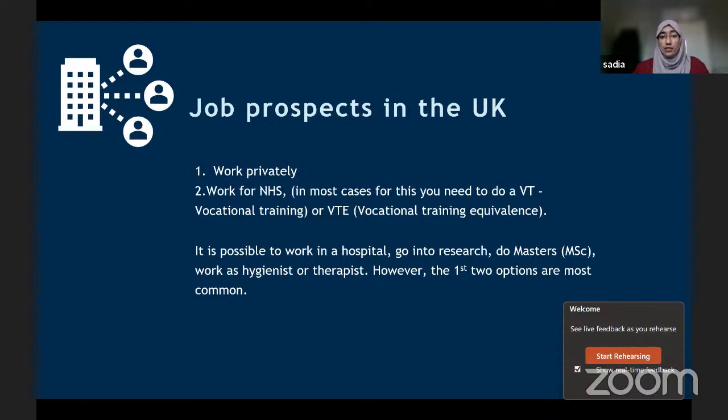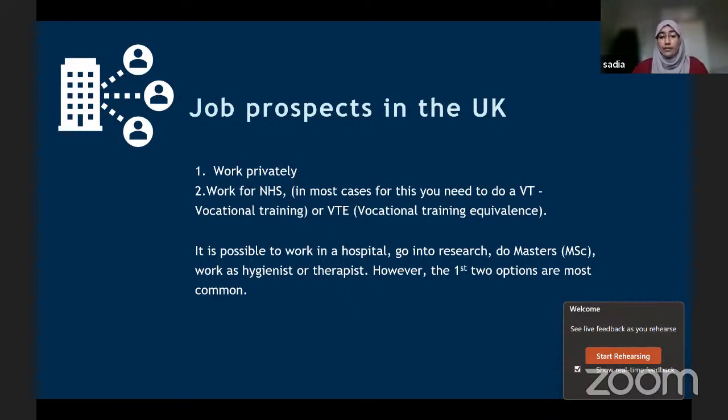It's the National Health Service, basically a government-run service in the UK, where you can work as an NHS dentist. You need to undergo training, sort of like an internship under somebody's supervision, where you practice under them, and then they give you a certificate that you can go ahead and practice however you want, whether privately or in the NHS.